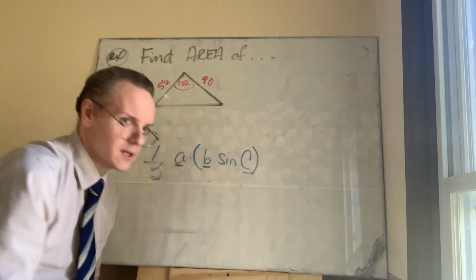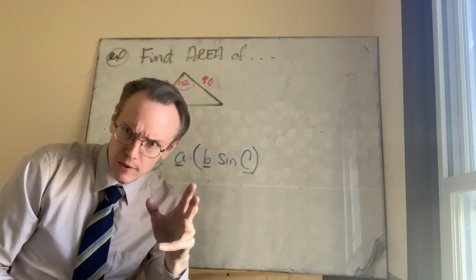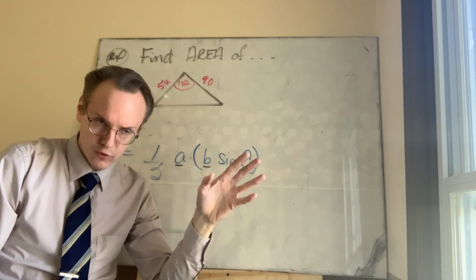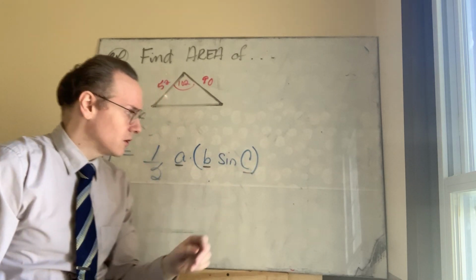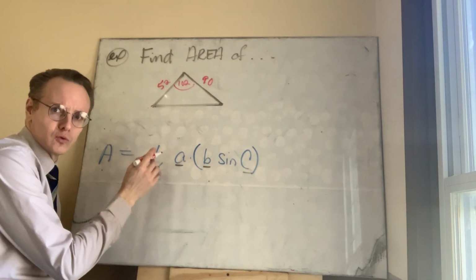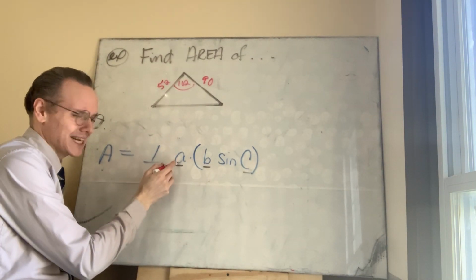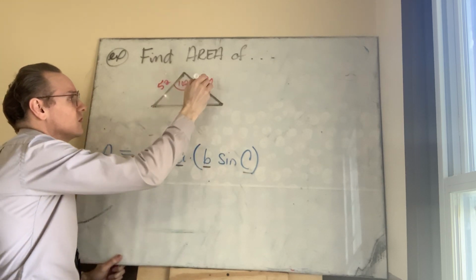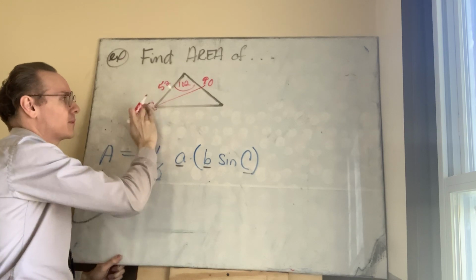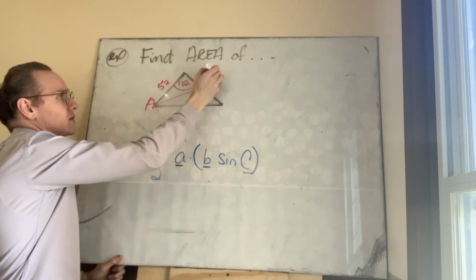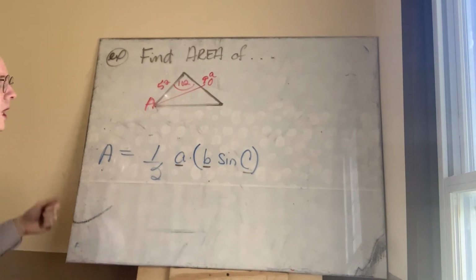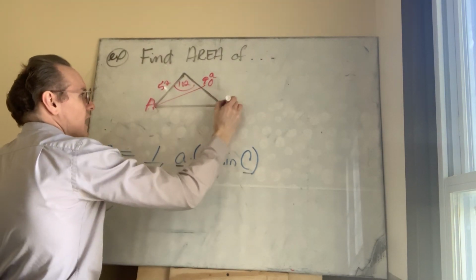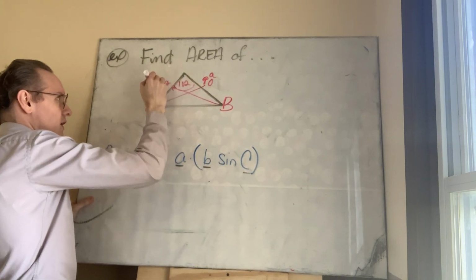Remember, the angle and the corresponding side that is related to it are always across from each other. So if you happen to have this formula memorized and you know that you're going to need an A to do the calculation, then let's just call this here capital A. So that makes this lowercase a. And let's call this capital B to make this lowercase b.